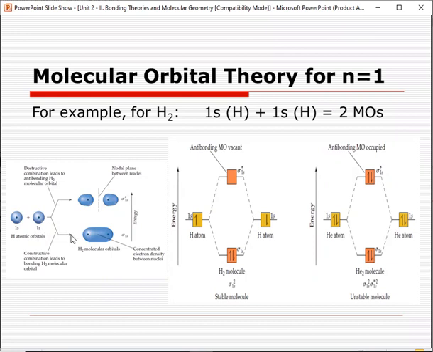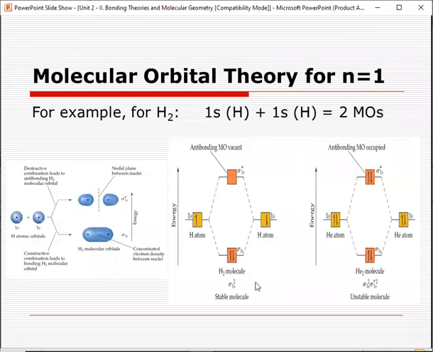So, in constructive combination, it leads to the bonding H2 molecular orbital. So, this is the bonding molecular orbital. But for destructive combination, it leads to the anti-bonding H2 molecular orbital. So, as you can see, this is the nodal plane between the nuclei which cancels the atomic orbital or the atomic bonding.